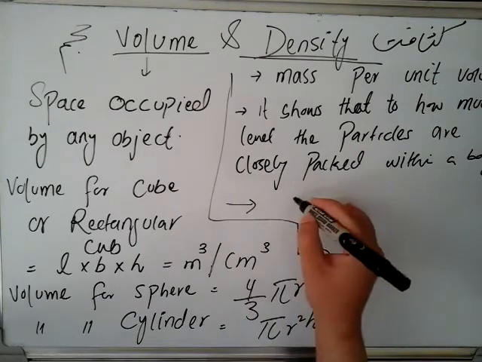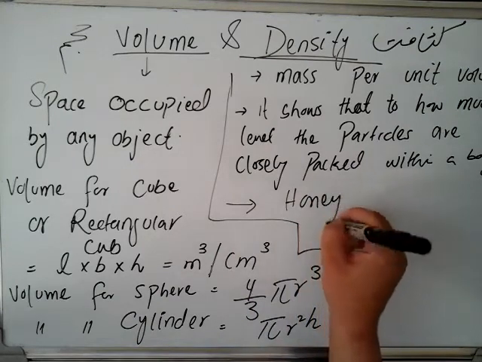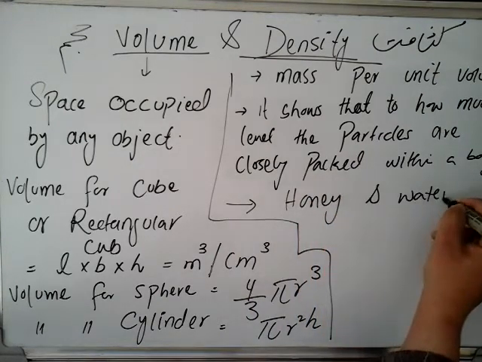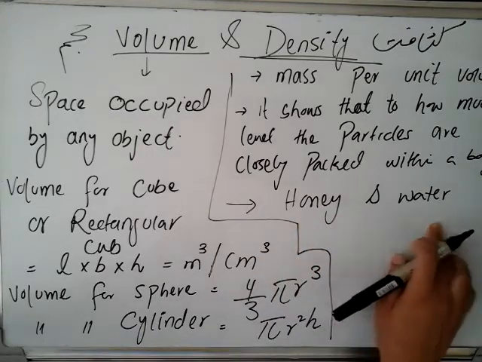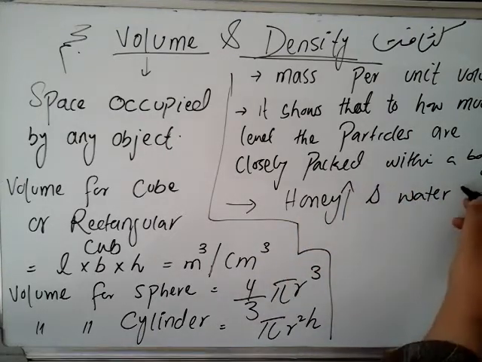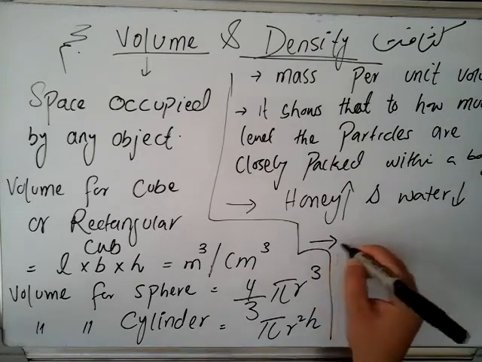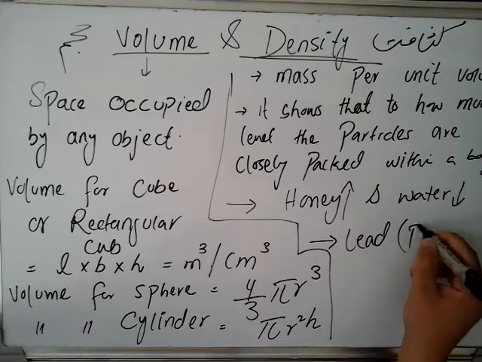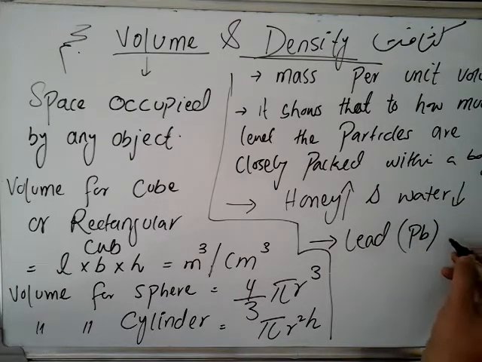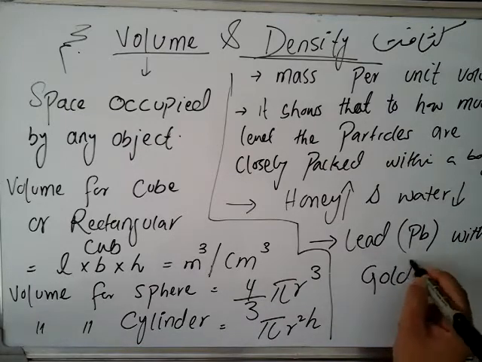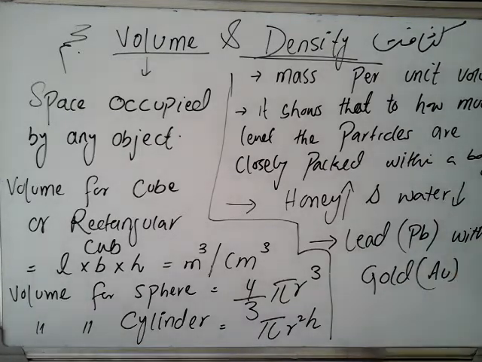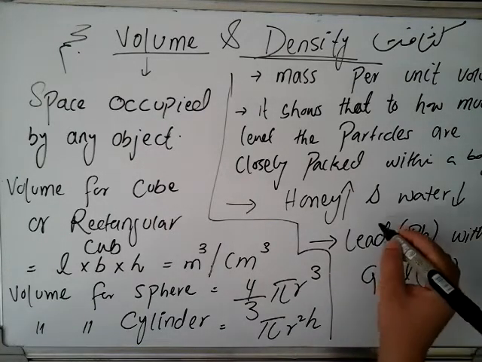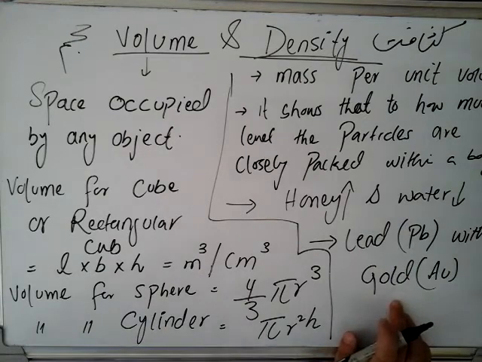For example, if we compare honey and water, we will definitely say that honey is more dense than water. On the other hand, if we compare lead, which is a metal, symbol Pb, with gold, symbol Au, we will definitely know that lead is heavier than gold.